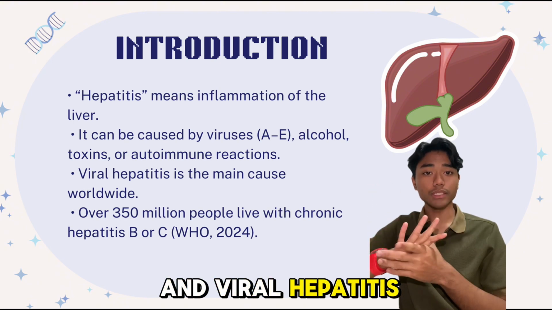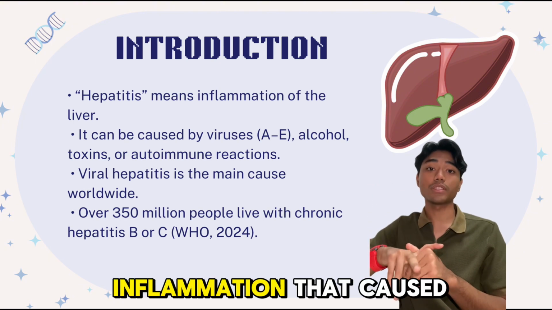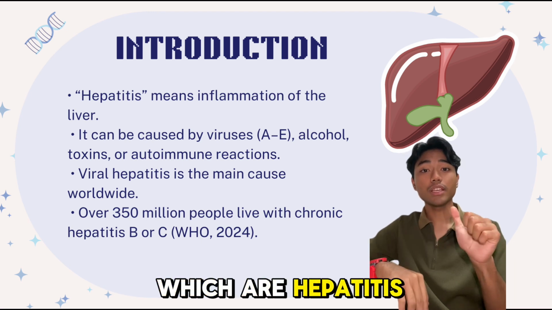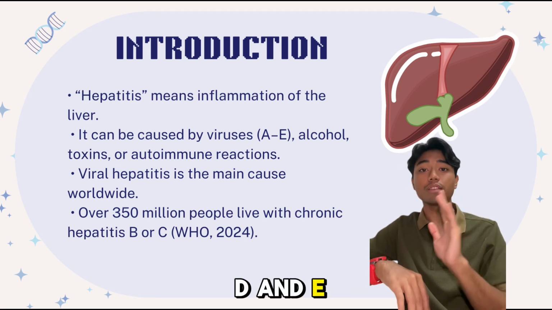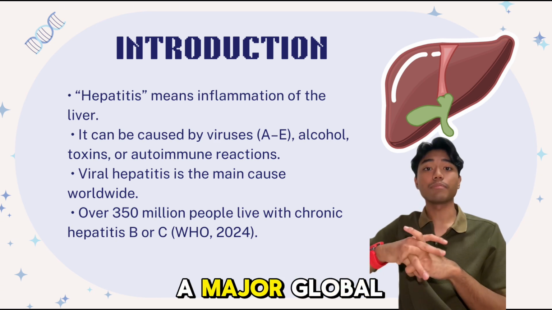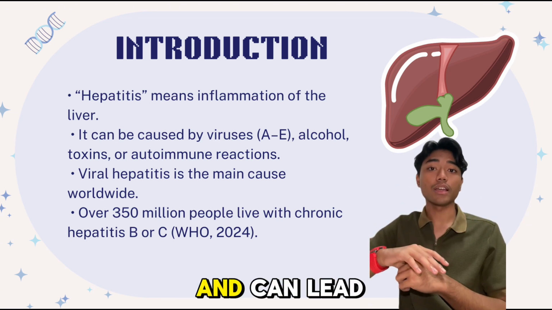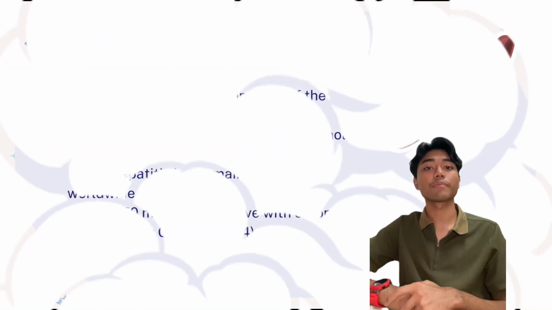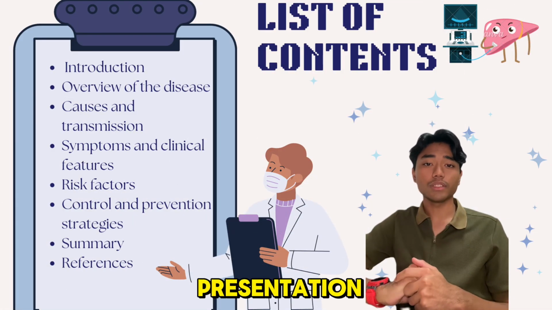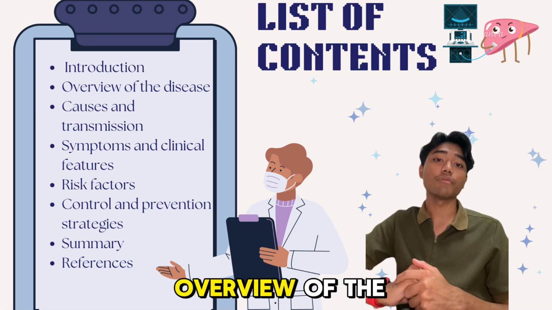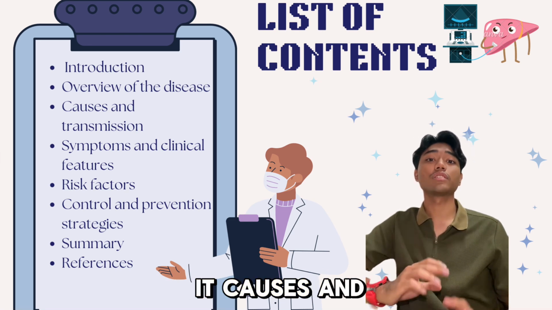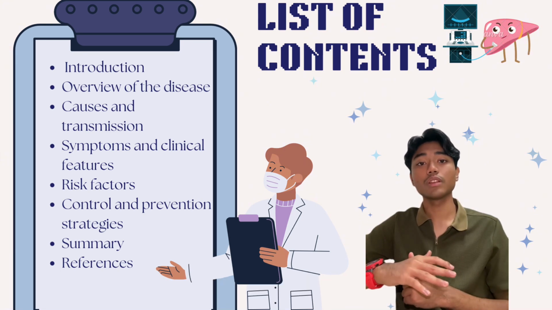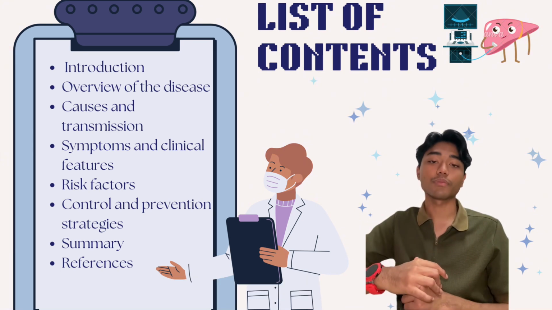And viral hepatitis refers to liver inflammation that is caused by 5 major viruses, which are hepatitis A, B, C, D, and E. These infections are a major global health issue and can lead to serious outcomes such as liver cirrhosis and liver cancer. So in this presentation, I will be explaining the overview of the disease, its causes and transmission, symptoms, risk factors, and the control and prevention strategies.